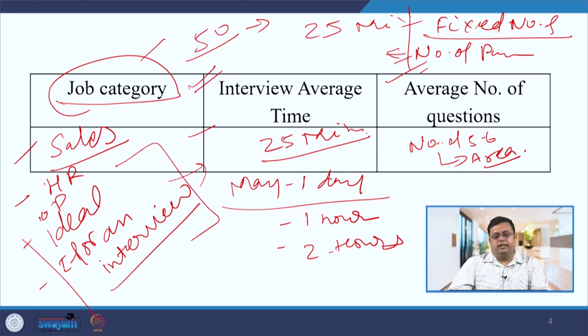If you have the average interview time and the average number of questions asked in the past process, department wise or job category wise, you will be able to manage your interview process very well.